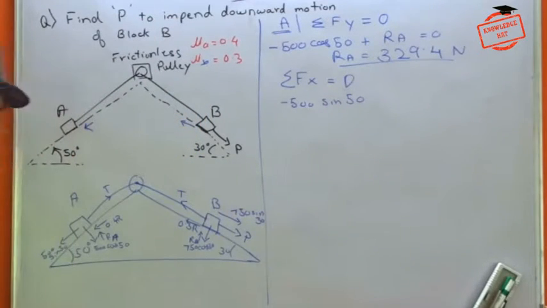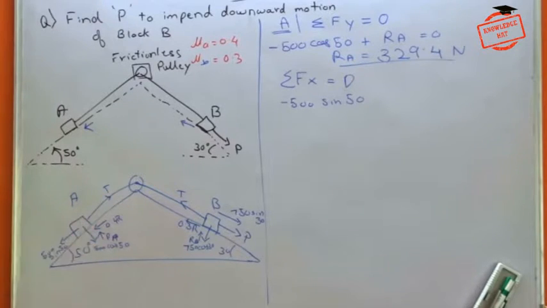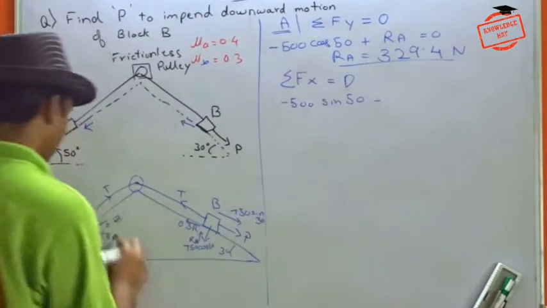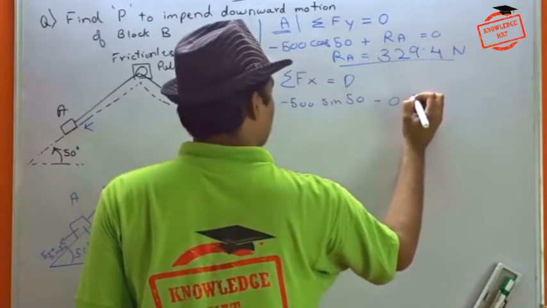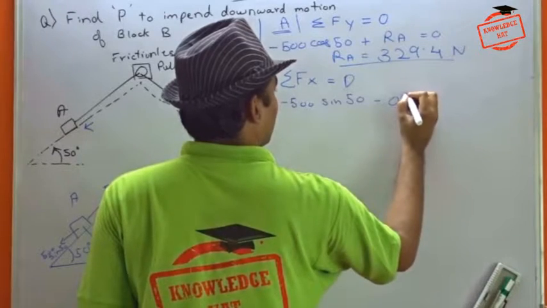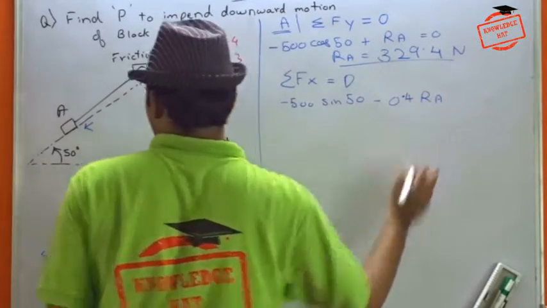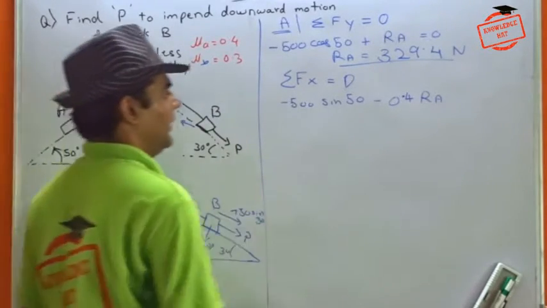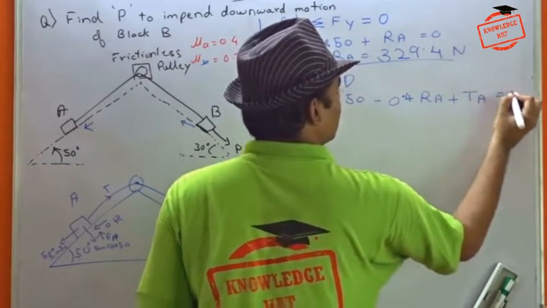The frictional force is also acting in this direction, so this will be minus 0.4 into RA that we have calculated. So this is known to us. The only unknown is T, which is in positive direction. So plus TA, and we equate this to 0.